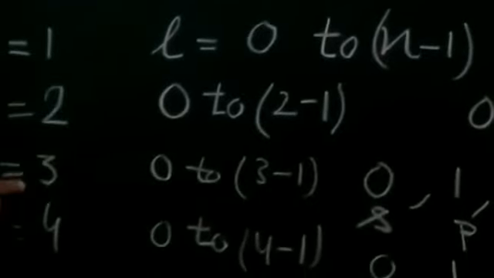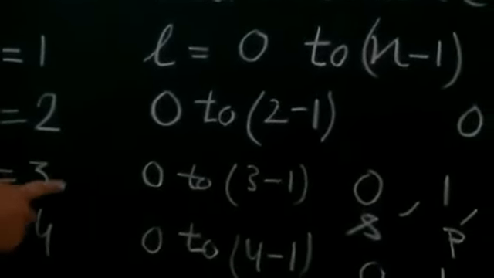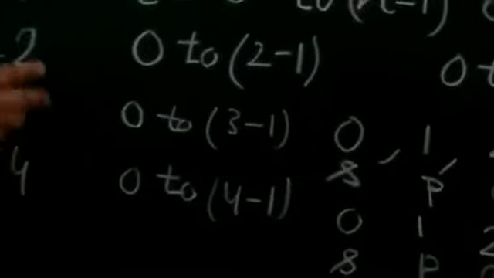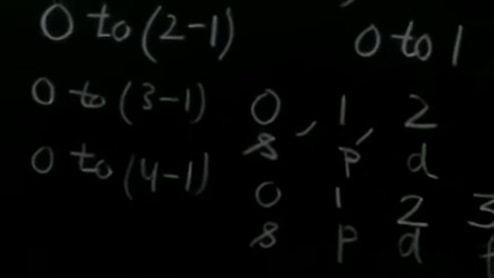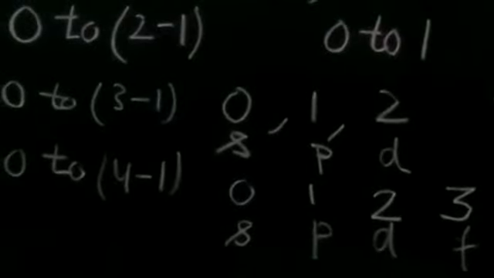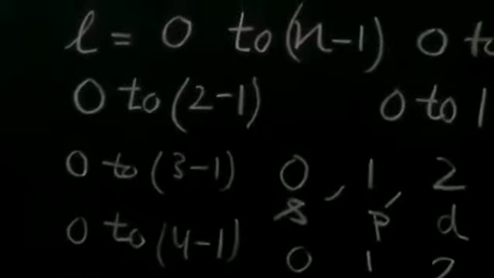For n equal to 3, how many subshells will we have? 3 subshells. What are they? 0, 1 and 2, that is S, P, D, and for n equal to 4, we will have 4 subshells S, P, D and F, right? Now these subshells just tell us about the shape of the atomic orbital.